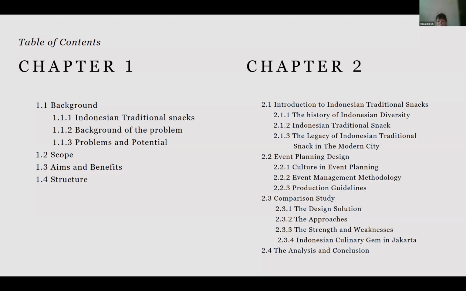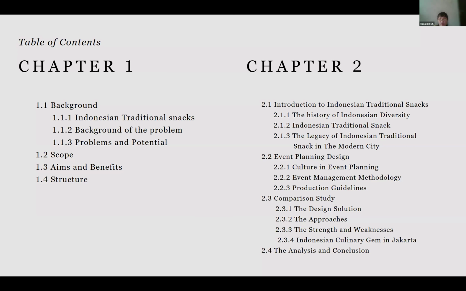Chapter 2 is more in-depth information on traditional snacks, and I would like to specifically focus on kue basah. It covers what traditional snacks are from the past 18 decades and their legacy today in modern cities such as Jakarta.